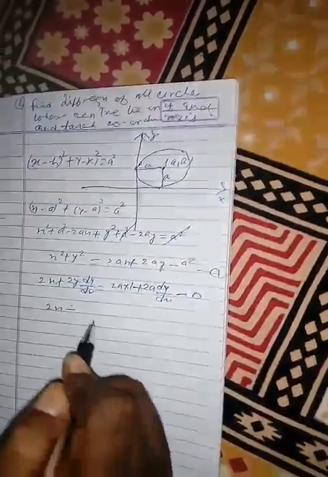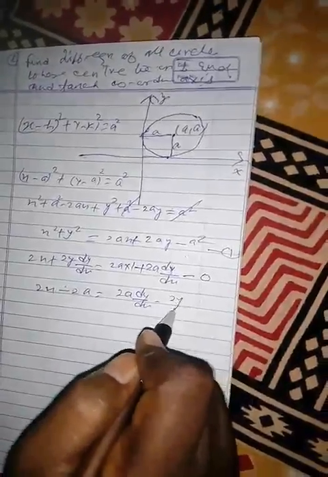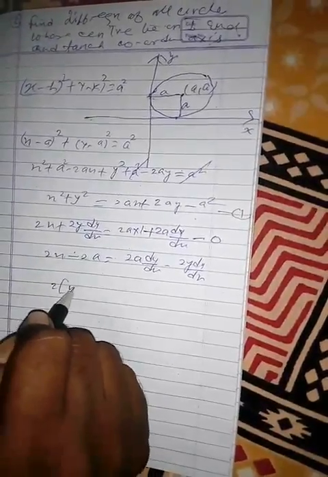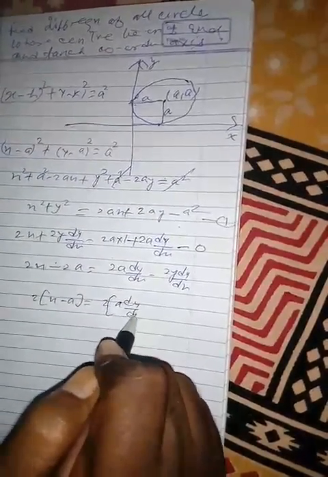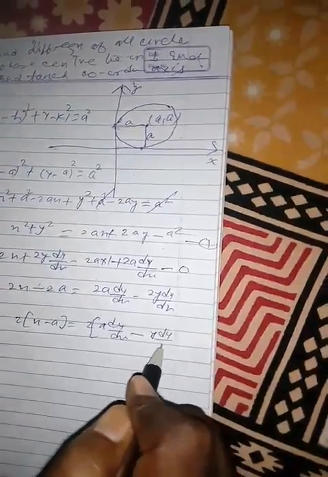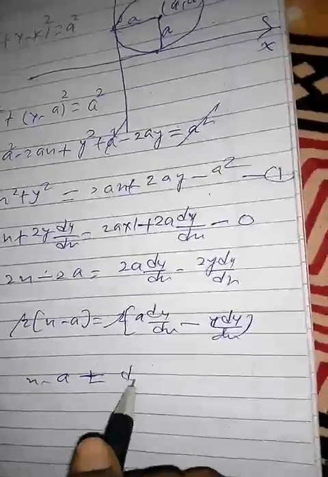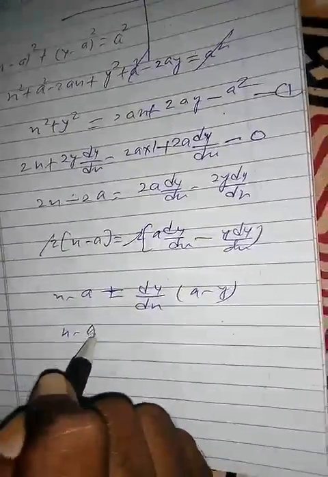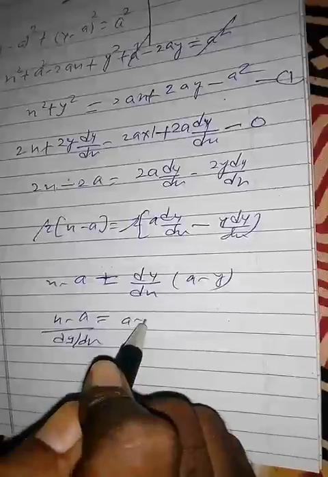So 2x minus 2a equals 2a dy/dx minus 2y dy/dx. Taking 2 common, x minus a equals (a minus y) dy/dx. The 2 and 2 cancel out, so (x minus a) upon dy/dx equals a minus y.